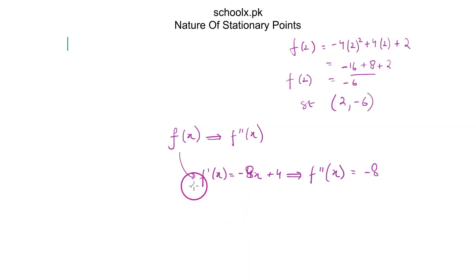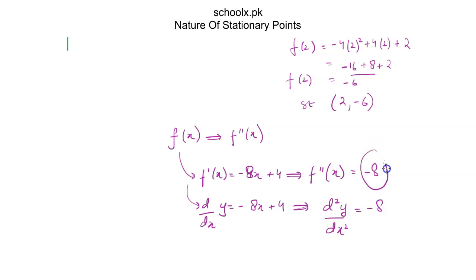Or you can write this in terms of d by dx: dy by dx equals negative 8x plus 4, and the double derivative d squared y over dx squared equals negative 8. So this answer is less than 0. When this is less than 0, the stationary point you have is a maximum stationary point.